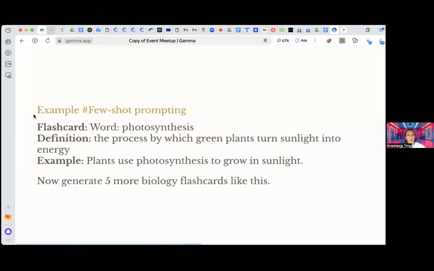So if we use flashcards, we have the word photosynthesis, and we have a definition and an example, and now you can generate 5 more biology flashcards like this. Or if you have some tasks in math, you can show your tasks and ask it to generate some more tasks in this topic or in another topic.